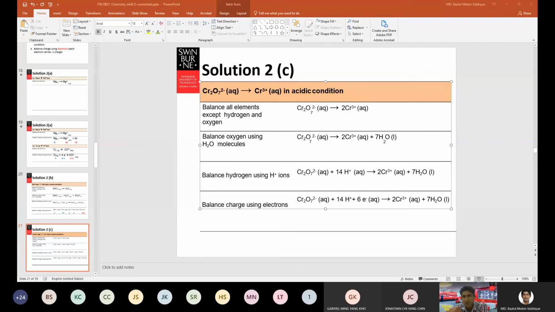That's what I was saying, that the chromium is being reduced because it was taking up 3 extra electrons. Hello, guys.